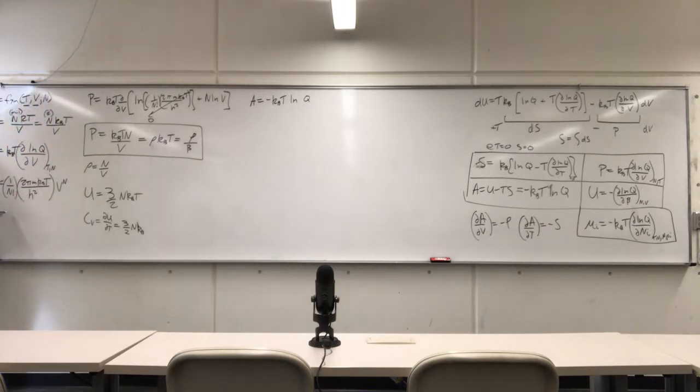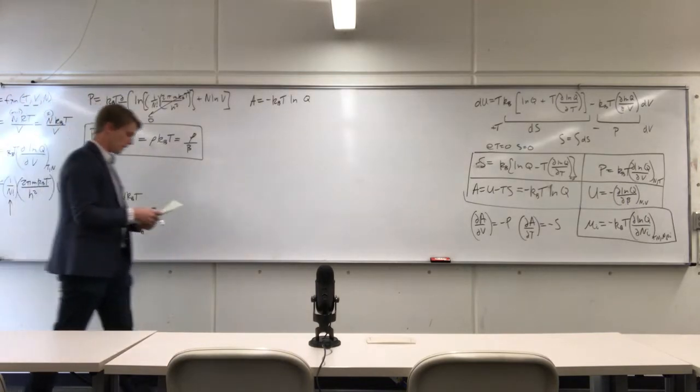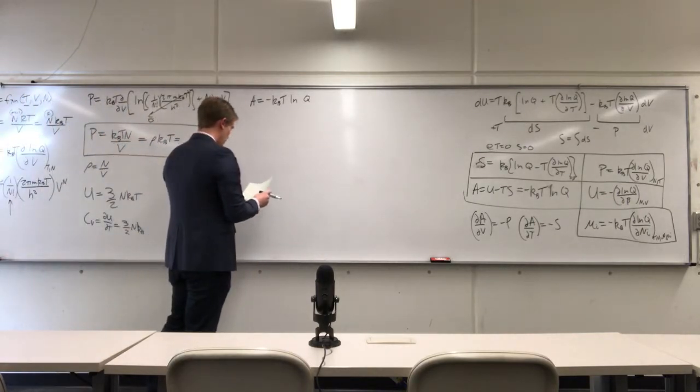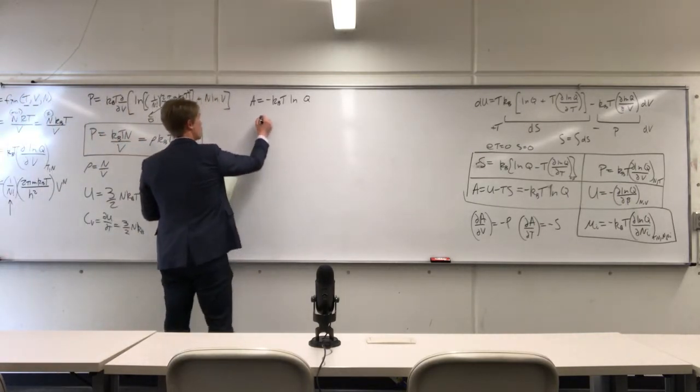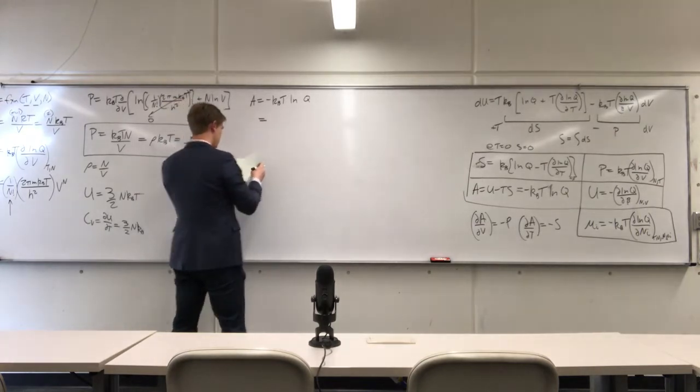So the problem though, how do I evaluate 10 to the 23 factorial? I challenge any one of you to enter that into your calculator and see if it gives you a real number, right? So what we have to use is an approximation. So I will substitute in this expression here.